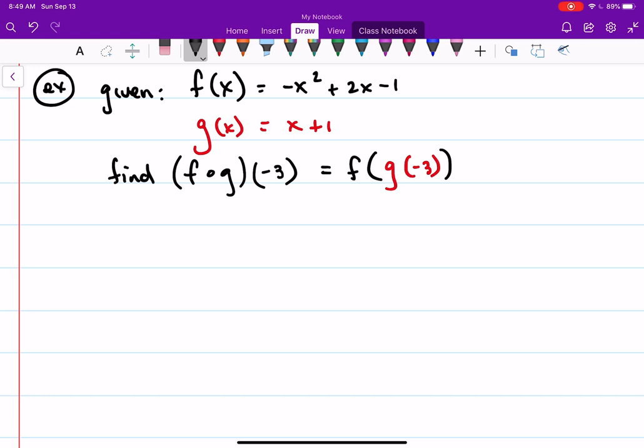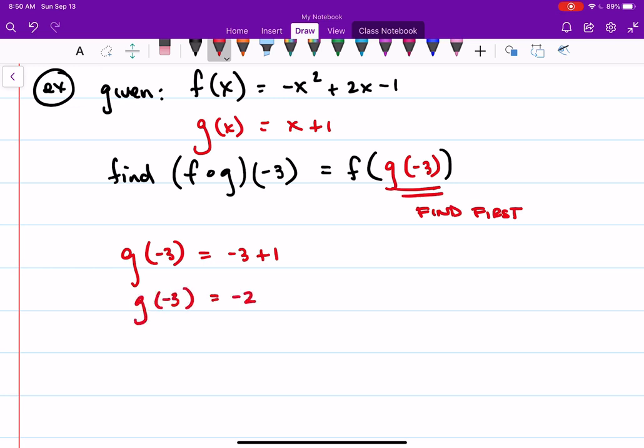So I need to find that first. Let's find g of negative 3. Well, g of negative 3 would equal negative 3 plus 1, where the x is replaced with negative 3. So g of negative 3 is equal to negative 2.